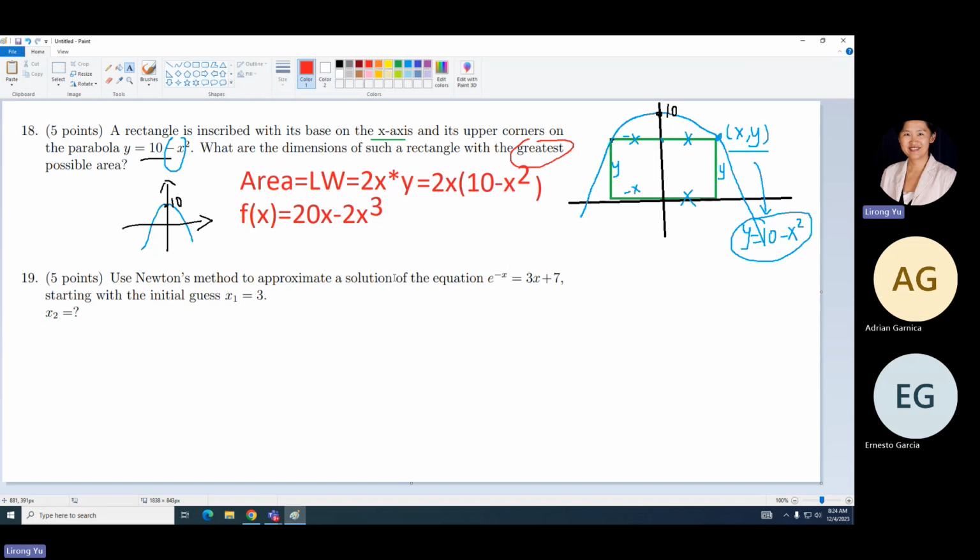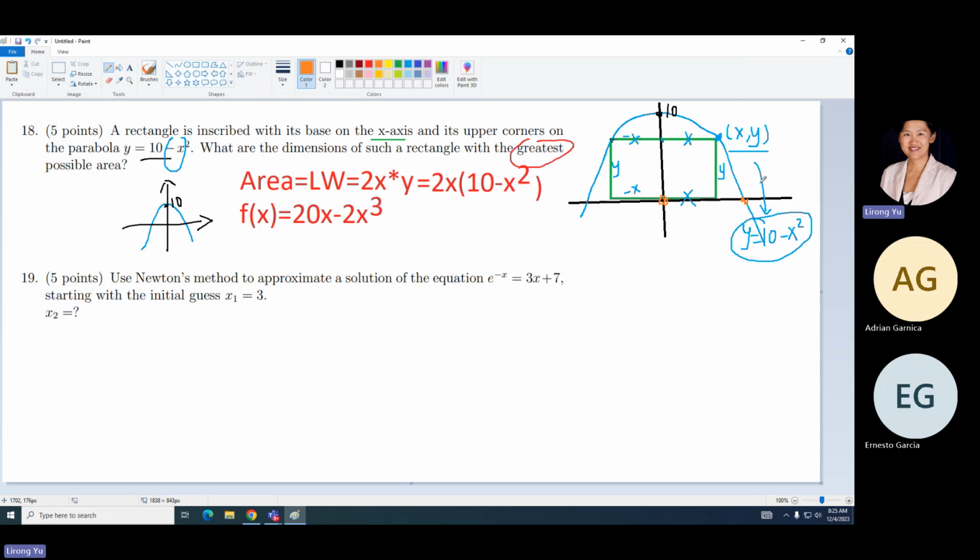And then we also have to identify the proper domain. If you think about the x value, its smallest value is when x equals 0, at the upper corner. So x is between 0 and this boundary. x has to be within this point and this point, so anywhere in here.